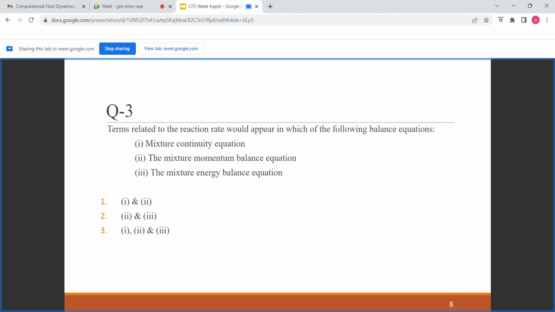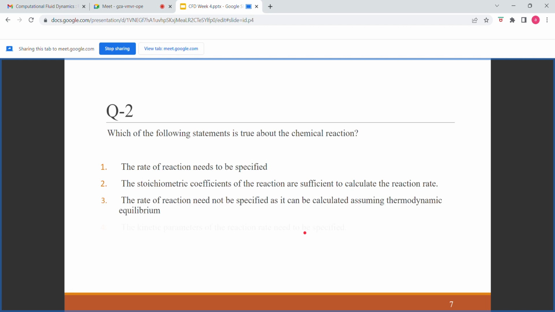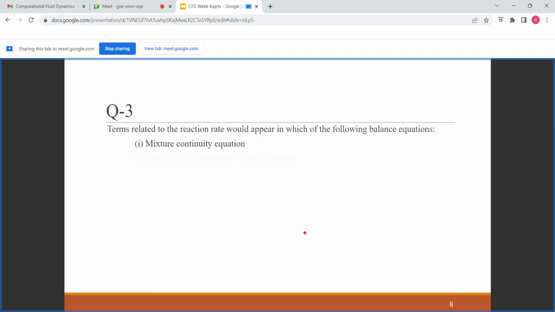We'll first see the governing equations and then the terms related to them. It is not present in the continuity equation, the momentum conservation equation, or the energy conservation equation. It is present in the species conservation equation. So the answer to this question would be none of the three.